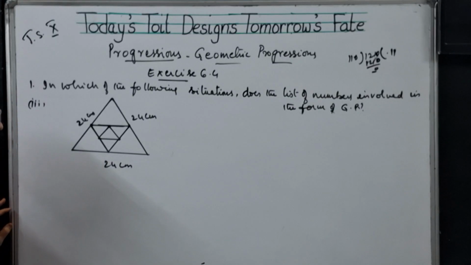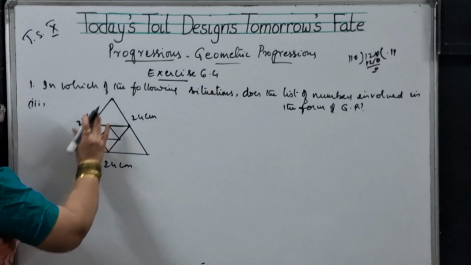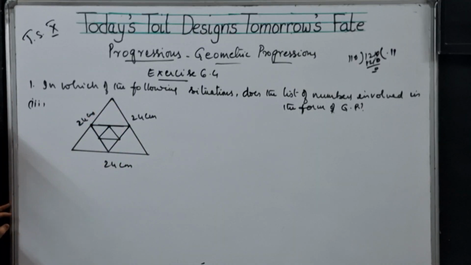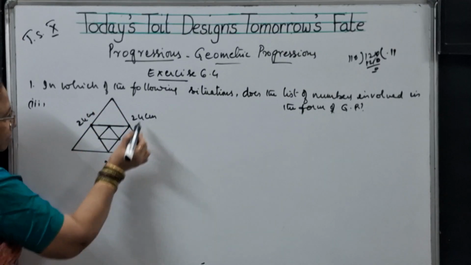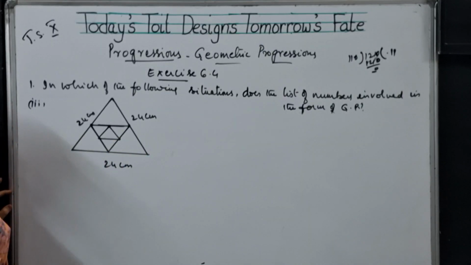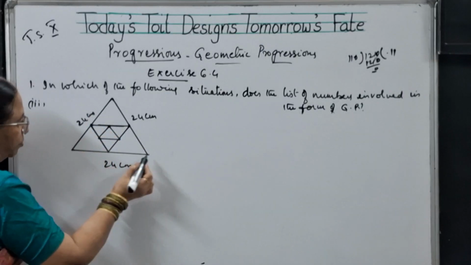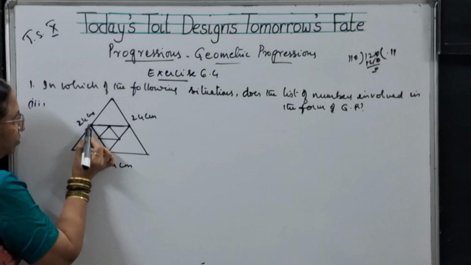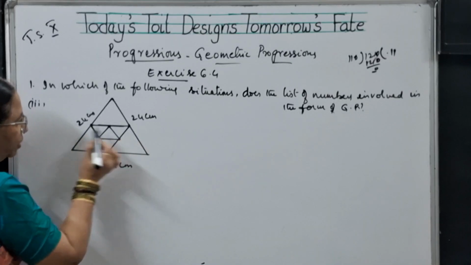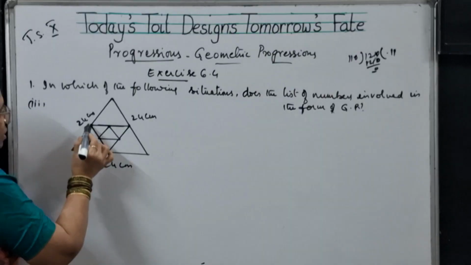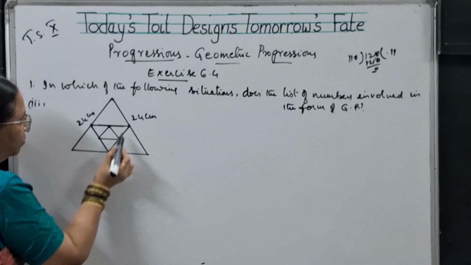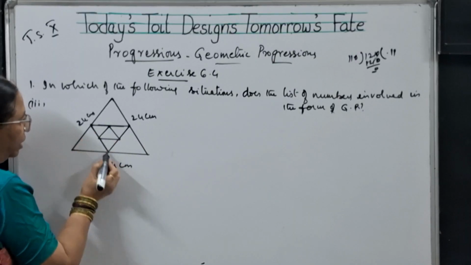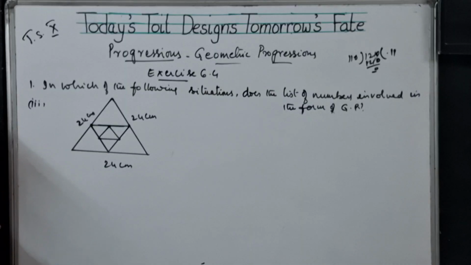Means they have taken an equilateral triangle with sides of 24, 24, 24 centimeters. Now, what is the perimeter of this triangle? We have to find out. And next, the midpoints of this triangle are taken and joined to form another triangle.